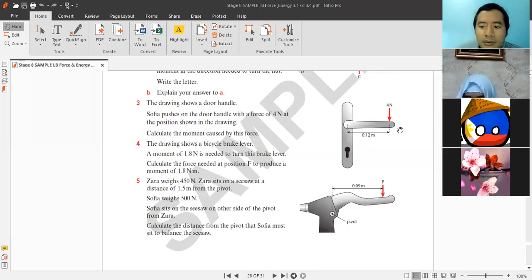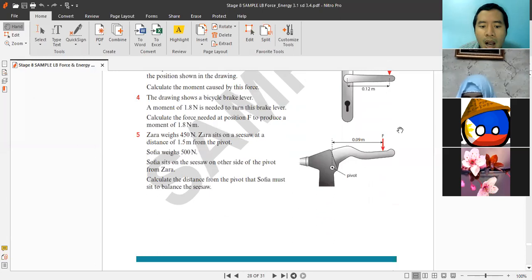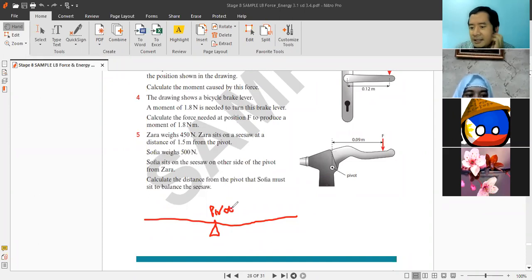Now I want to show you how to answer this question by using a diagram. Not good, because I use a mouse. This is the pivot, isn't it? Now, here is Zara.